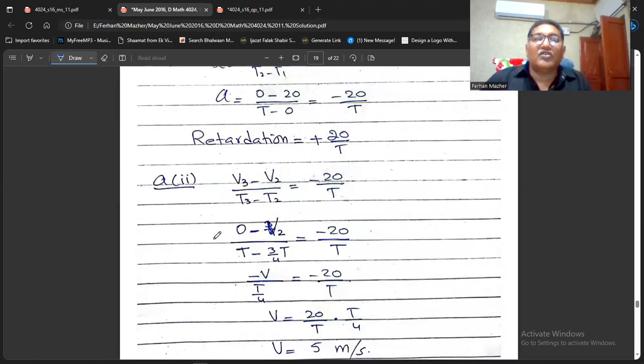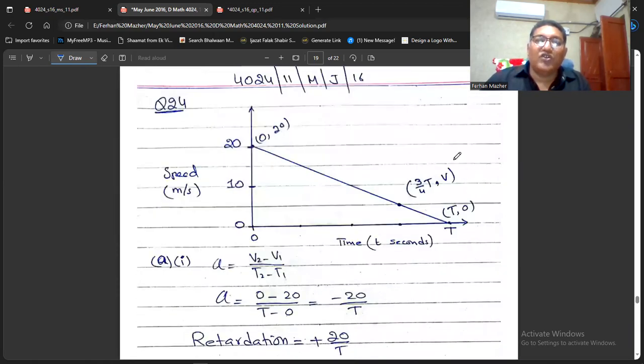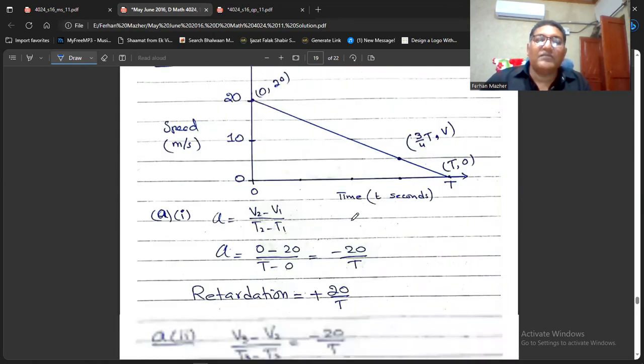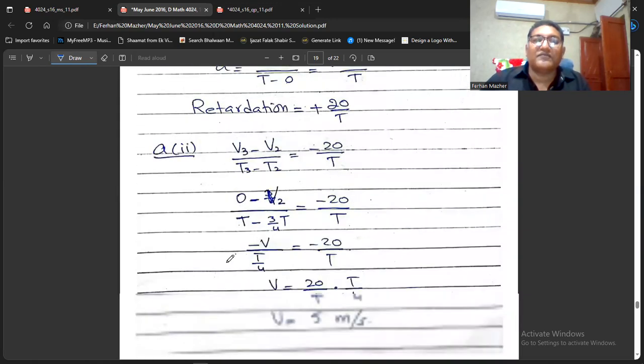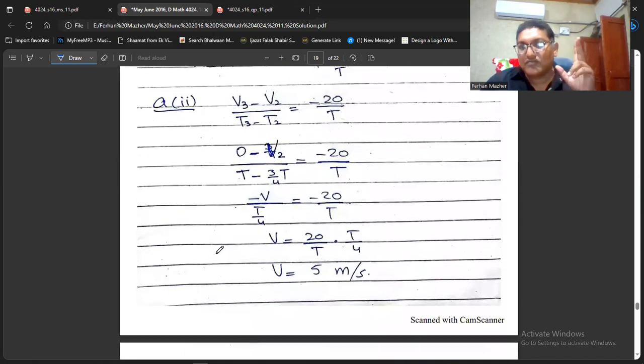So 0 minus v divided by T minus 3 by 4T will be equal to minus 20 by T. So (V3 minus V2) divided by (T3 minus T2) will be minus 20 by T. This is minus V, and this is T by 4, equal to minus 20 by T. So I will bring this fraction here, and minus minus is cancelled.